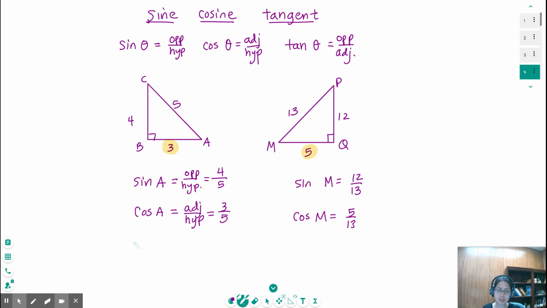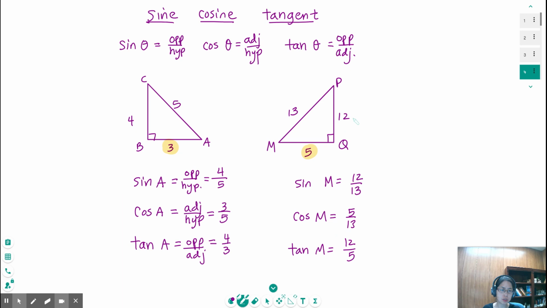All right, and lastly, tangent is going to be the opposite shining across from it over the adjacent, which is next to it. So it'll be 4 over 3. And tangent M, shining across from it and adjacent to it, will be 12 over 5.